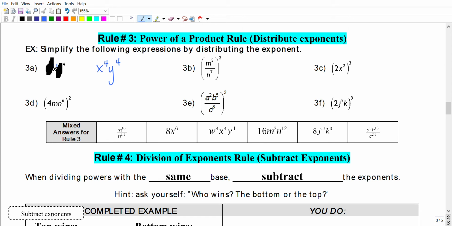And then finally, I'm going to do the same thing all over again, but now for my last variable here, which in this case would be the w. Again, this is w to the 1st. So w to the 1st and then raised again to the 4th would be w to the 4th.